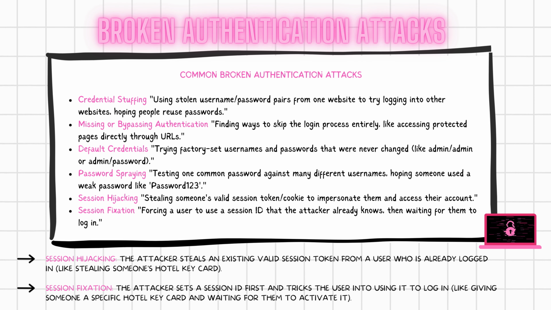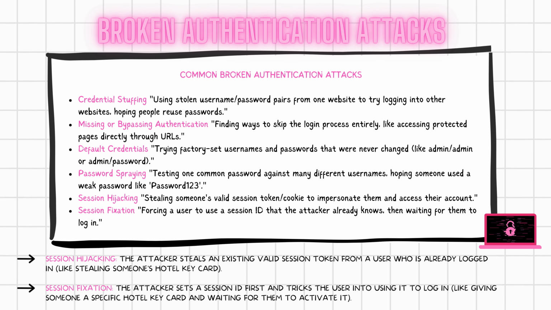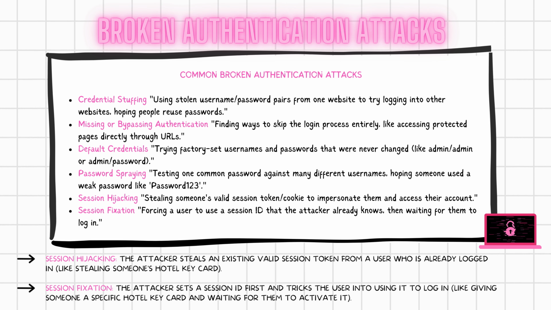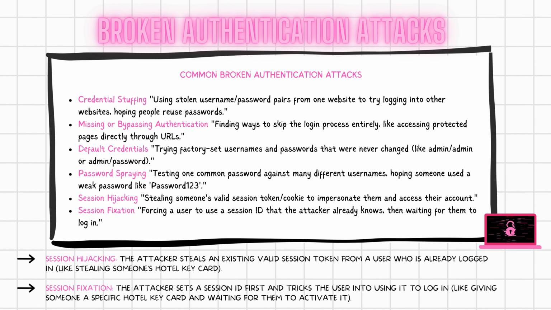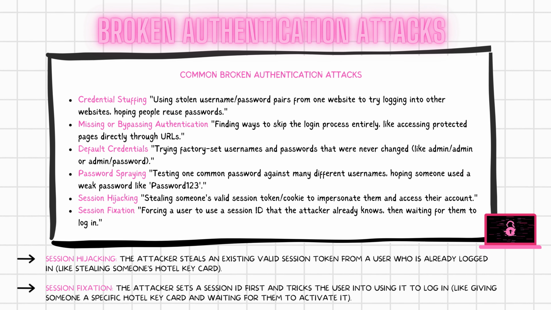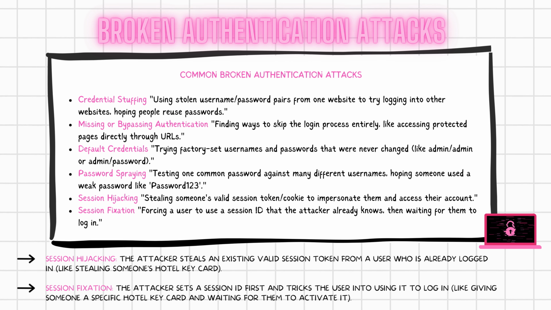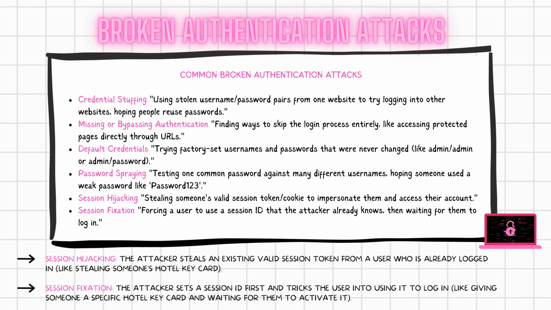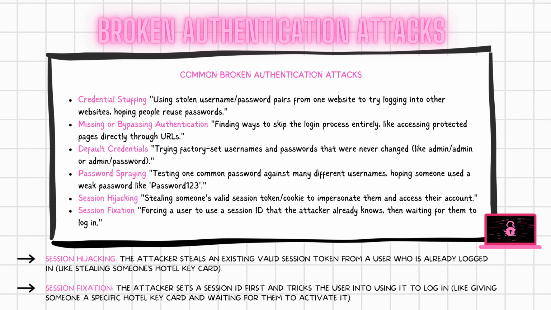To access the first endpoint, which is the profile endpoint, authentication is required. But we found that to access the change password endpoint, no authentication is required. So this is a case of missing authentication. Now anyone can access that endpoint and change the password of any user.